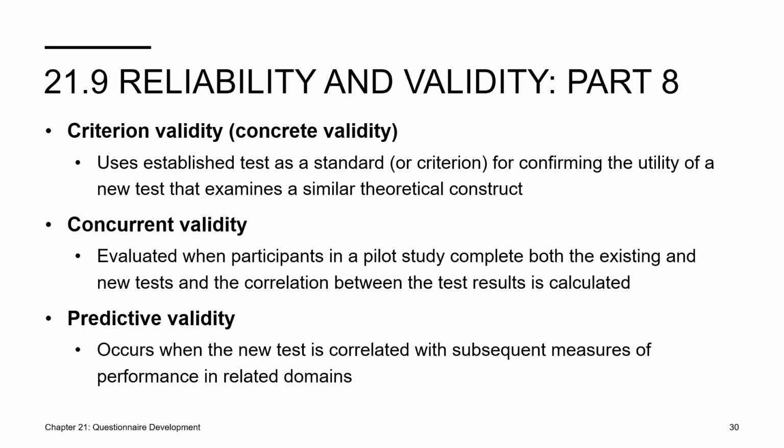These are all different types of validity for questionnaires. Again, you're probably not going to be calculating or discussing this in an undergraduate research methods course project, but they're good to be aware of, and you can always come back and look at them in the future if you go into a public health research position.